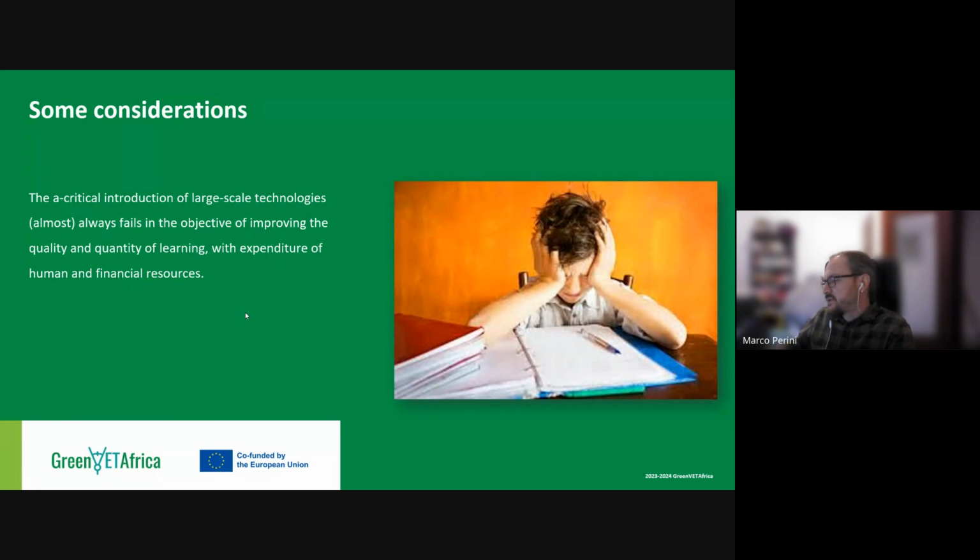Moreover, technologies have a rapid obsolescence, and after 2-3 years, a new PC is already old and we cannot use it anymore. So the schools have a big amount of old technologies that have never been used by students and teachers.